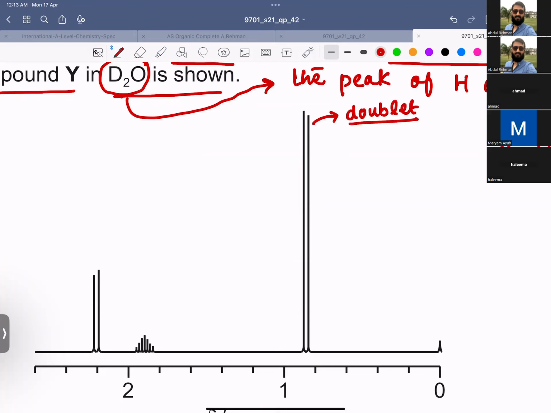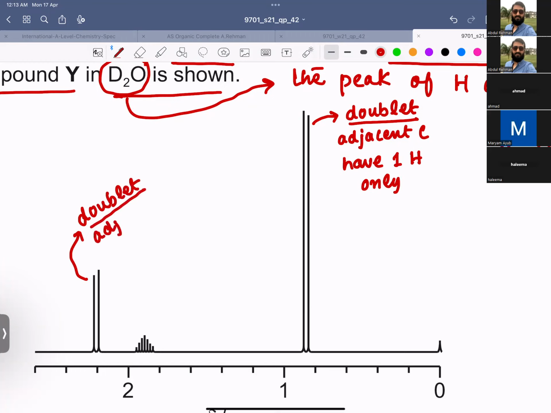Which means that the adjacent carbon has 1 proton only, and this signal is also a doublet, which means the adjacent carbon has 1 proton only.